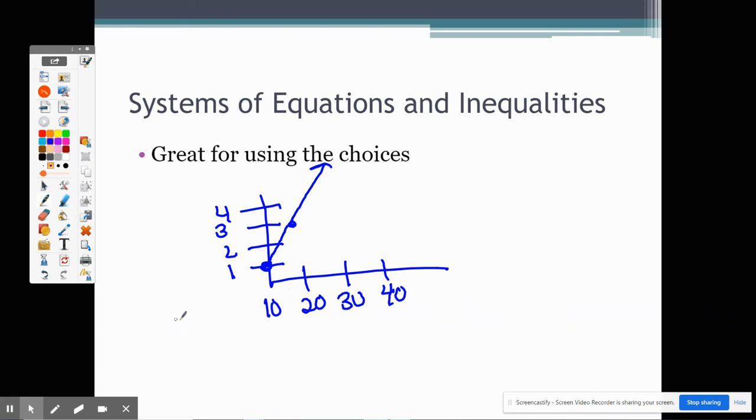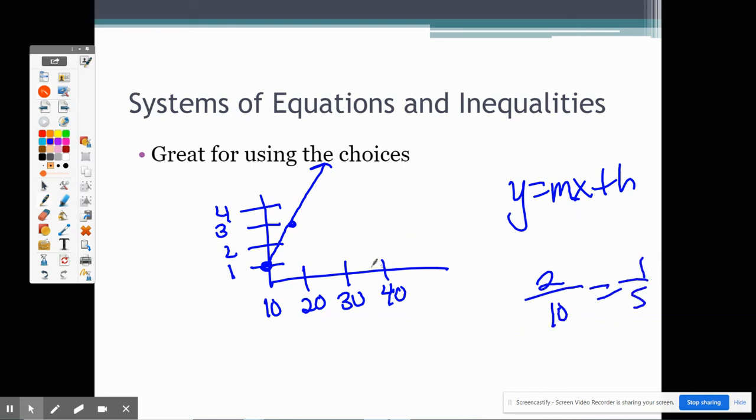Seem easy? It's a line, right? mx plus b. So what's the slope here? Well, I'm going up 2 over, be careful, up 2 over how many? 10. So it's 1/5. What's the y-intercept?